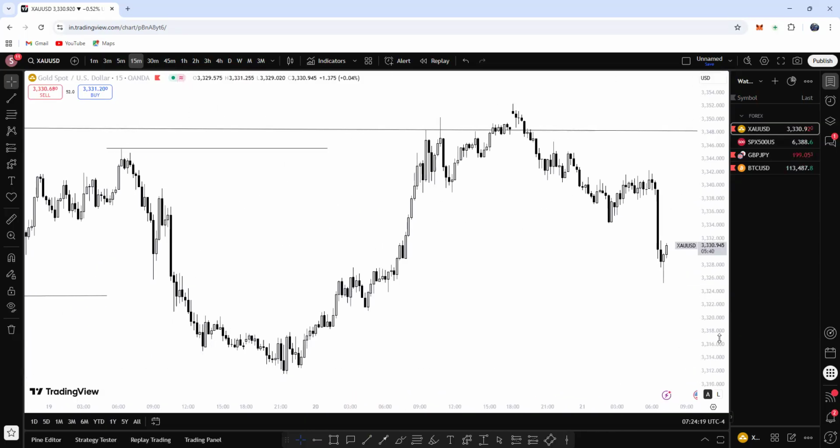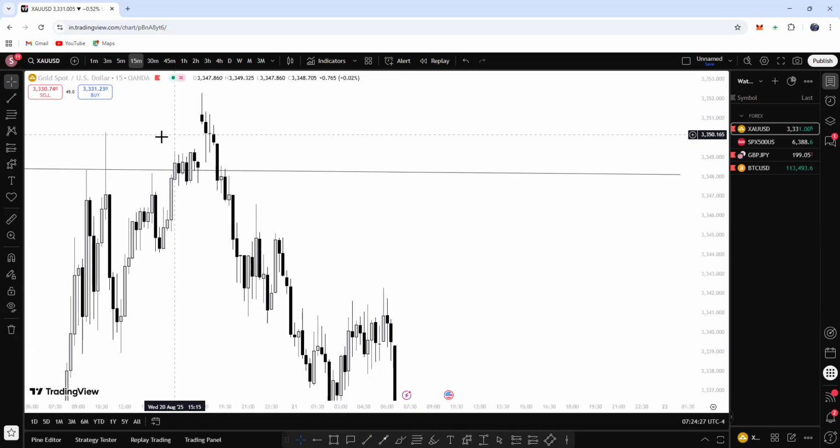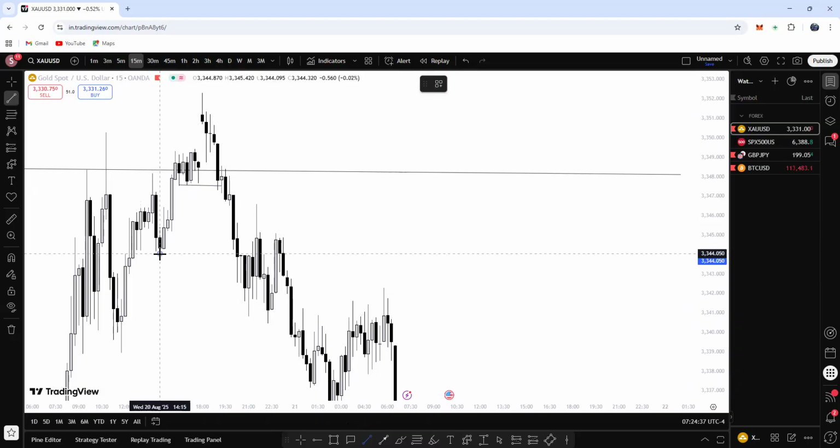We have a 2 times breakout here. No, this one did not break the low. But we actually have the first break here, and the second break.